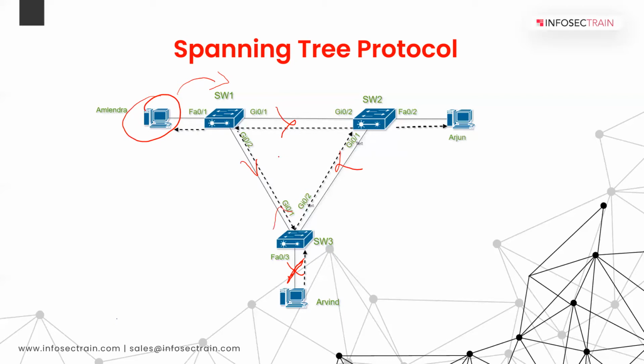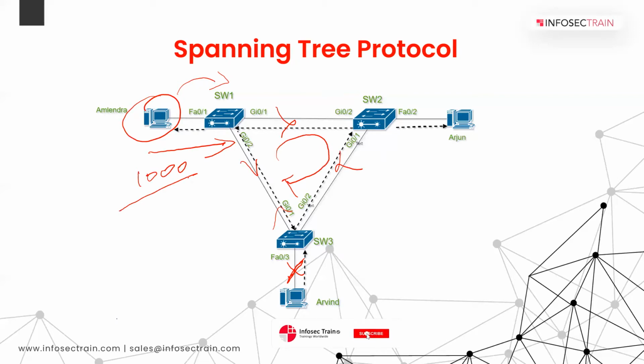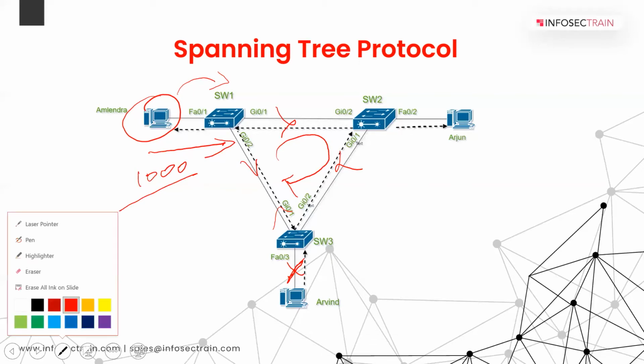Now that data will create a loop in this topology. What if Mr. Amalendra is sending not only one packet, but 1000 packets towards Mr. Arvind, and Mr. Arvind is not connected to the network? What will happen then? The data will be looping around.